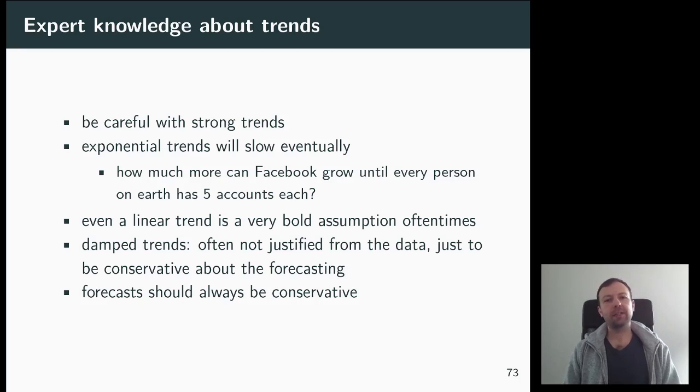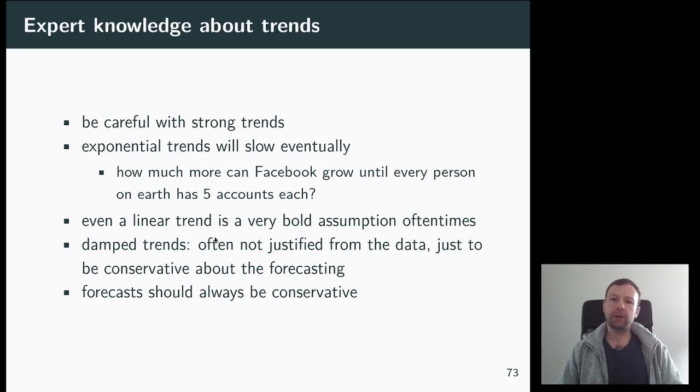Another interesting thing is that even a linear trend is quite often a quite bold assumption if you go very far into the future, right? Even linear trends are very often slowing down at some point. That's why in the traditional forecasting literature you find this concept of damped trends, where you have a linear trend that is just slowing down.